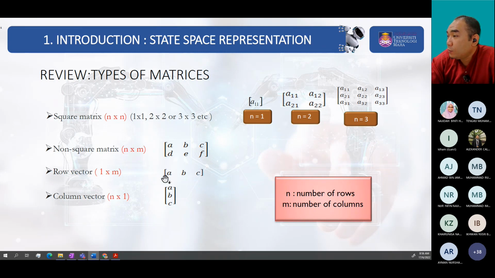For this particular example, we got m equal to 3. Alright, and the last one is going to be the column vector. Column vector to imply that dia akan jadi in this form, which has n number of rows with 1 column. Okay, n number of rows dan juga satu column saja.